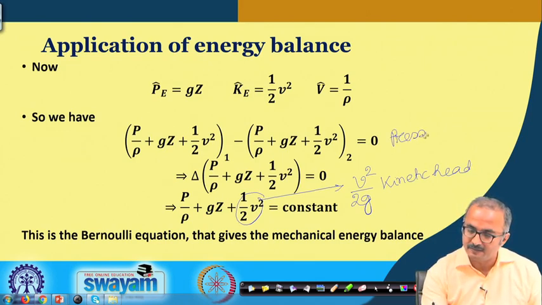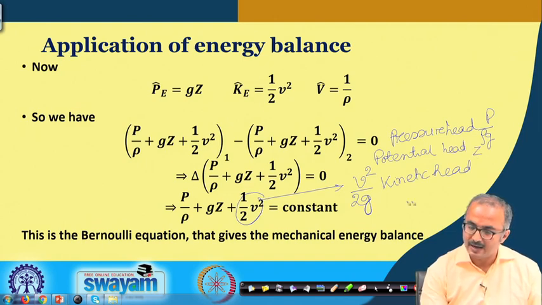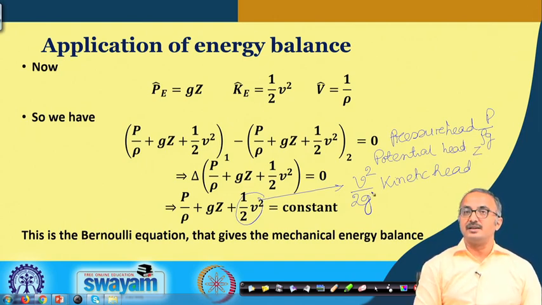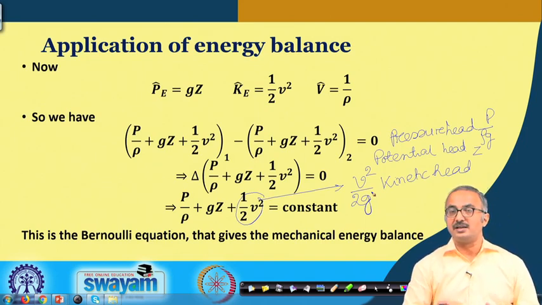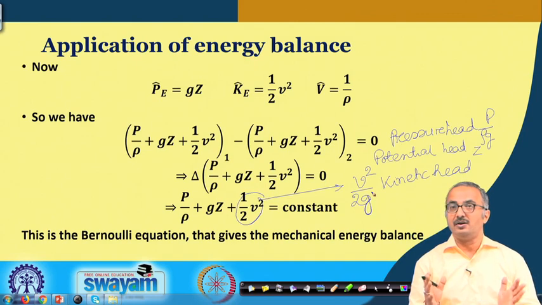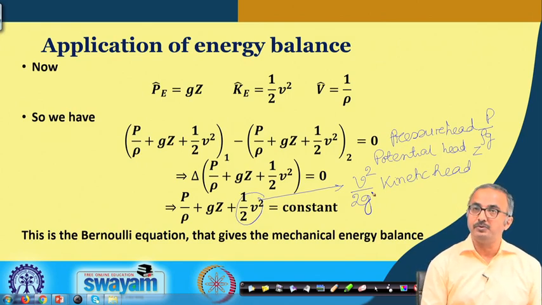We have the pressure head, that is P by rho g. We have the potential head, that is simply Z, and the next is the kinetic head. And we find that if we sum up these three heads, we get a constant. That means the total head of the system will remain constant, it will remain unchanged from the input to the output side.